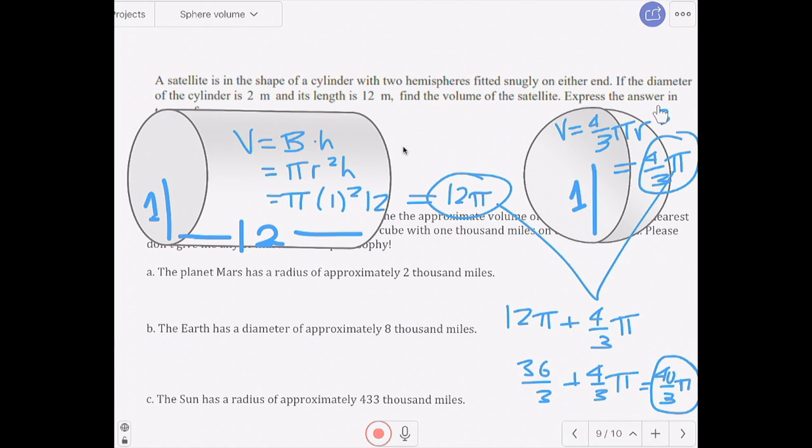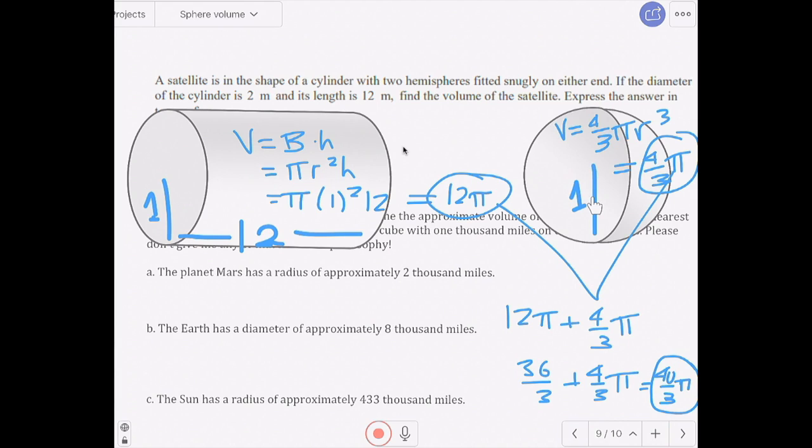It doesn't say to express the answer in terms of pi. So altogether from the cylinder, I'm getting pi times 1 squared times 12, which ends up being just 12 times pi. For the sphere, or the two hemispheres together, we're going to use 4/3 pi r cubed.